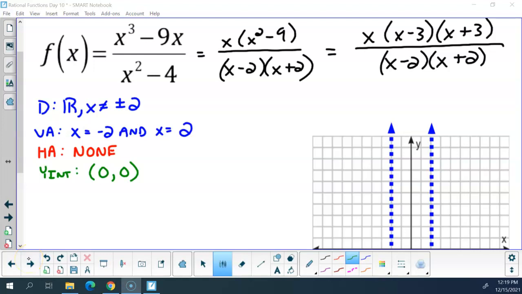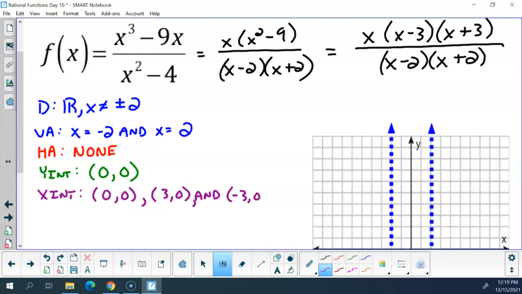Okay. X-intercept. What do we do for the x-intercepts? Set the numerator equal to 0. Well, luckily we factored it already for us in step 0, so that would be the origin, 3, 0, and negative 3, 0.